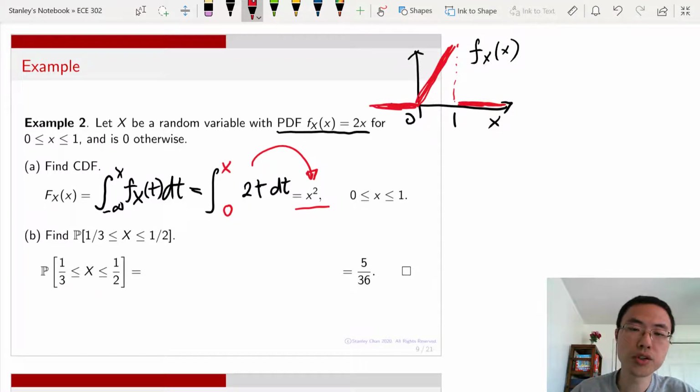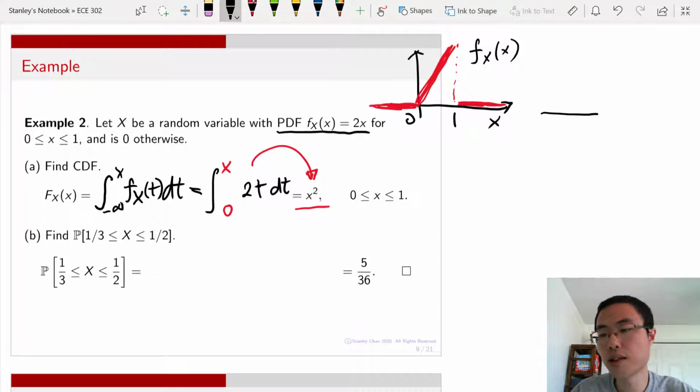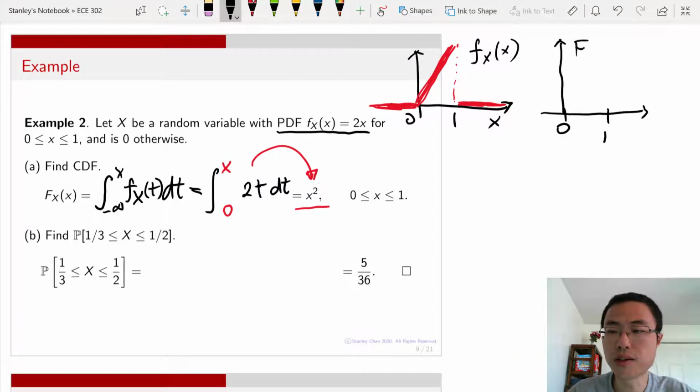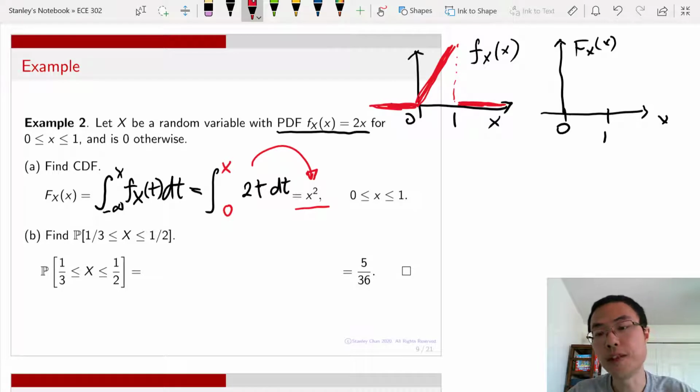So you have this x squared. How does this x squared look like? Well, you still have 0, you still have 1, and then you have this F_X(x). And here is your x. The pictorial meaning is that you start to integrate this function from minus infinity all the way to x. And this x squared says that you have this function.